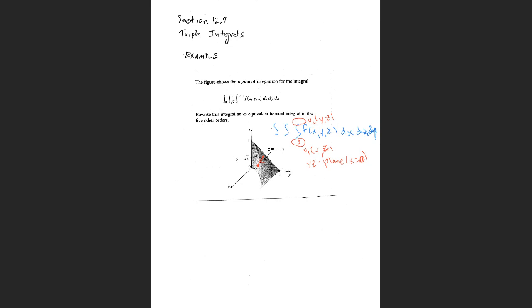Now the limit in front, when we get to the front here, what surface are we hitting? What surface stops the solid from going any further along the x-axis?